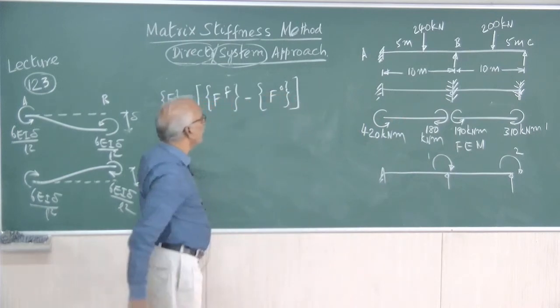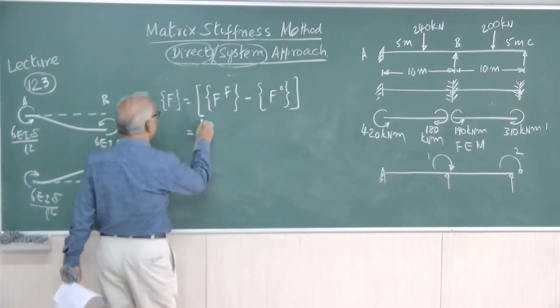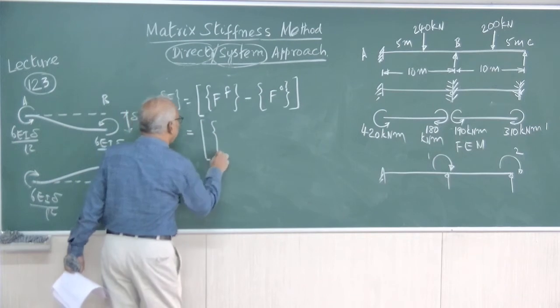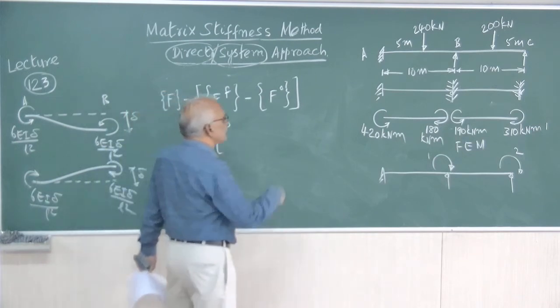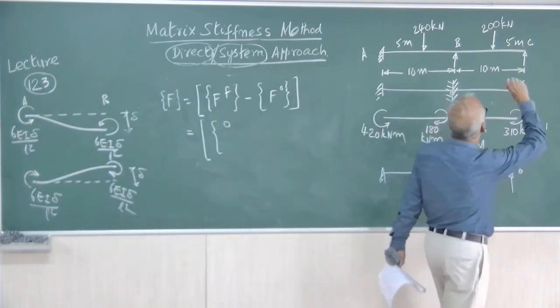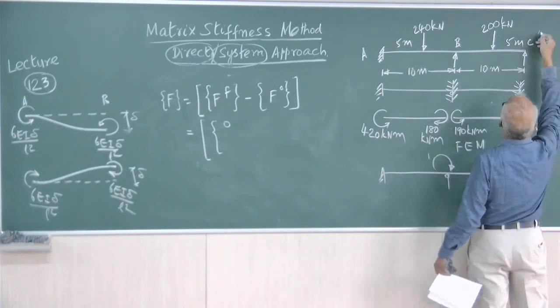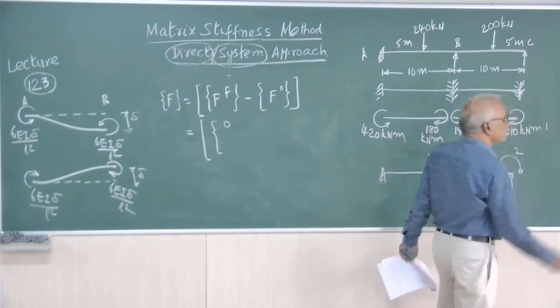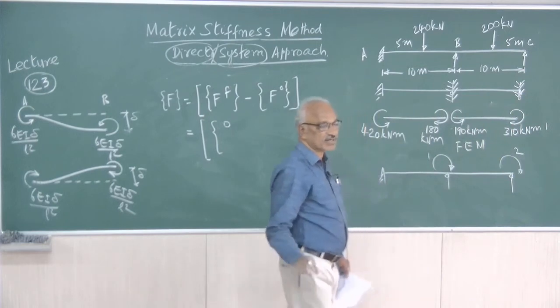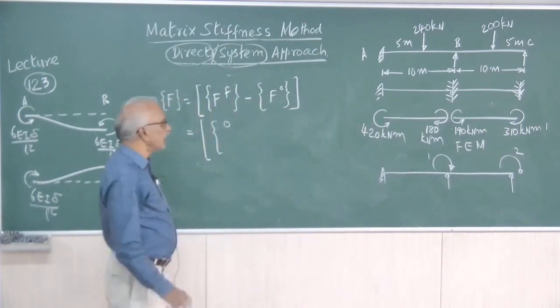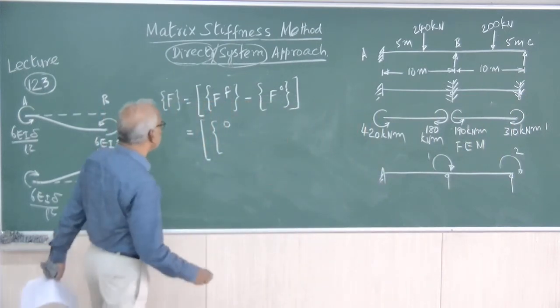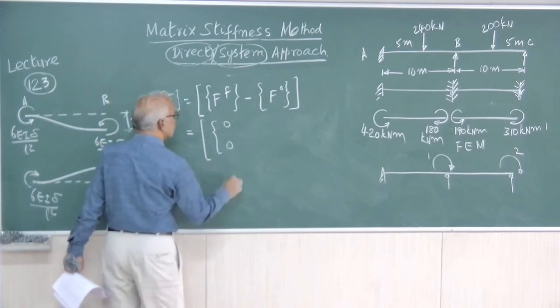Here at B, there is no external moment, therefore it is 0. At C also, if some external moments are given along the system coordinates, that we have to account. If that is not there, then that also is 0.